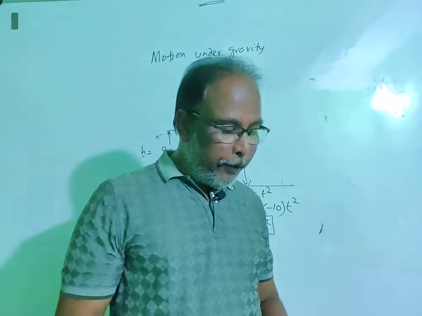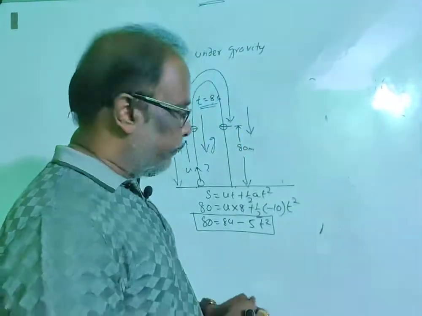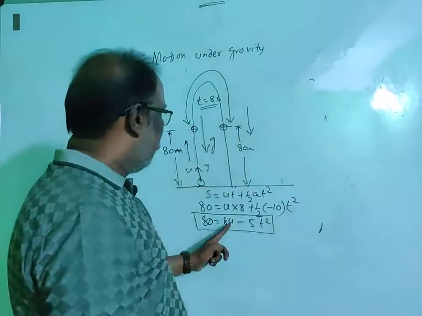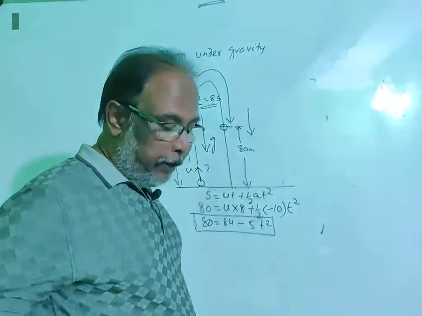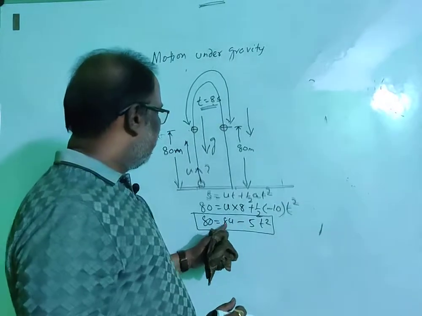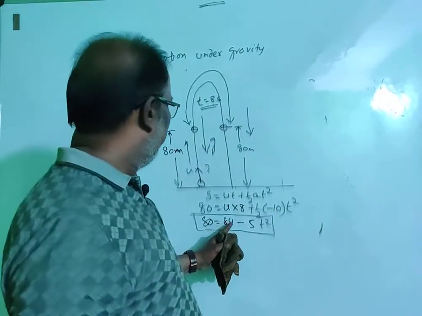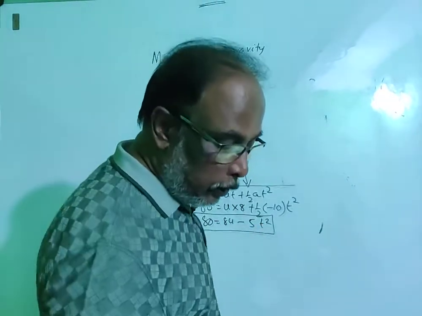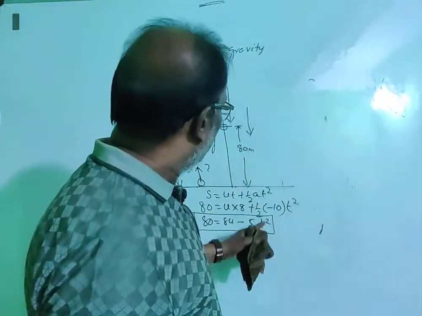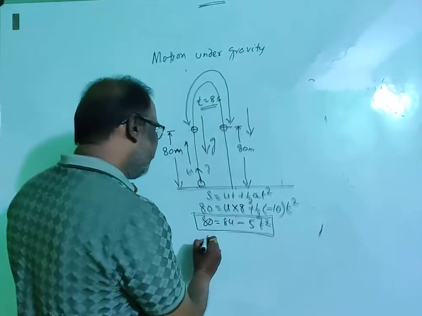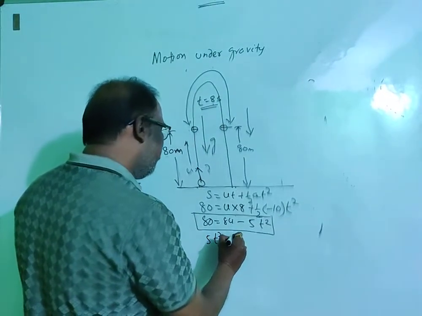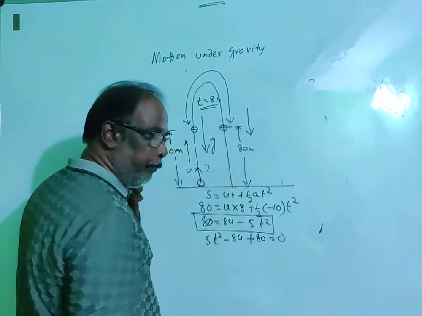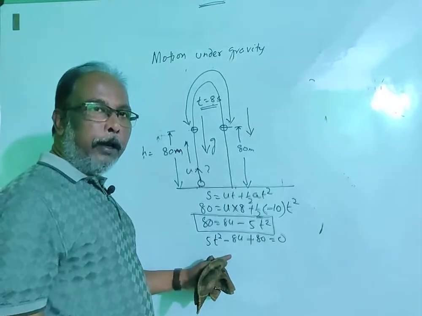This is a quadratic equation, and solving it you will get the time. Of course you may write the complete form. Now solve it. 80 is equal to 8u minus 5t square, and it is asked to calculate the initial velocity. Of course you may take it as 5t square minus 8u plus 80 is equal to 0. This is in quadratic form.